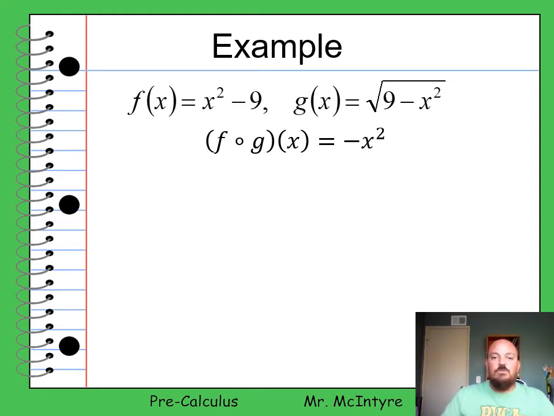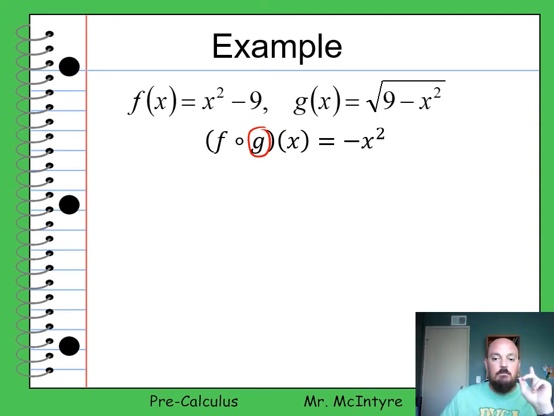Well, one of the things I told you guys is we have this weird trick where in order to find the domain of f of g, you have to check the domain of f of g, which we just did, but you also have to check the domain of this one. So let's do that. If I wanted to do the domain of g of x, I look at that and I say, well, that one does have a square root. So that one is going to have some domain problems.